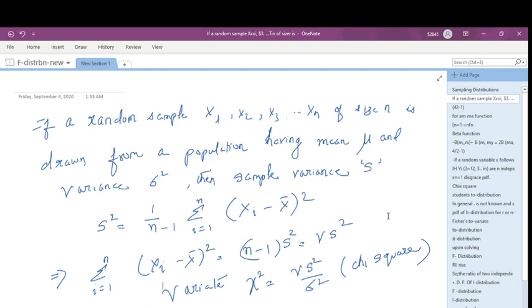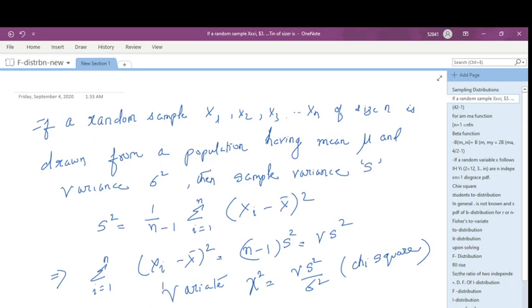Then the sample variance, let us say we represent it by s squared, has the formula s squared equals 1 by n minus 1 times the summation of (xi minus x bar) whole squared. That is the notation part. And here you can see n minus 1 is the degree of freedom for the sample.